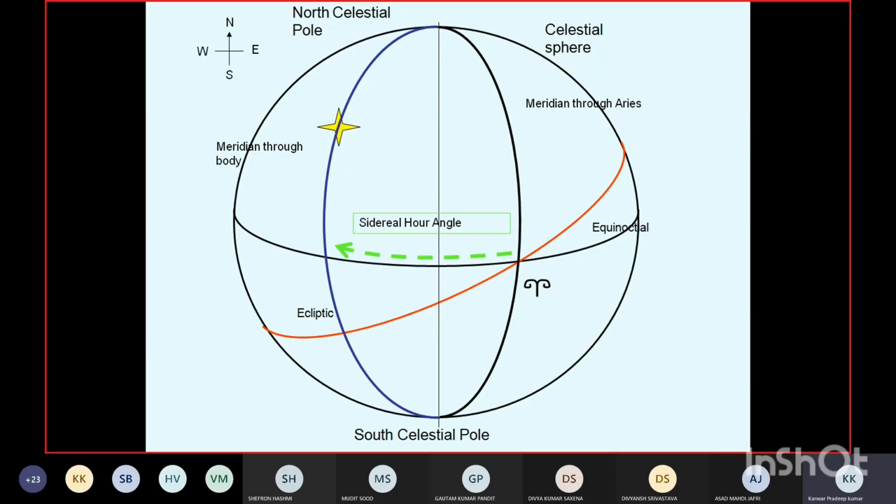So this is the sidereal hour angle. Definition: the arc of the equinoctial or angle at the pole between the meridian of the first point of Aries and the meridian passing through the body, measured westwards. Read the definition in the books.